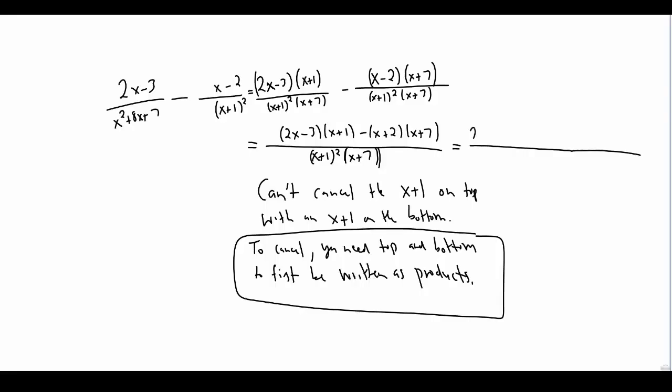This is 2x squared, we FOIL, minus 3x plus 2x minus 3 minus, let's keep this minus sign in front. First, let's multiply the two binomials: x squared plus 7x plus 2x plus 14.